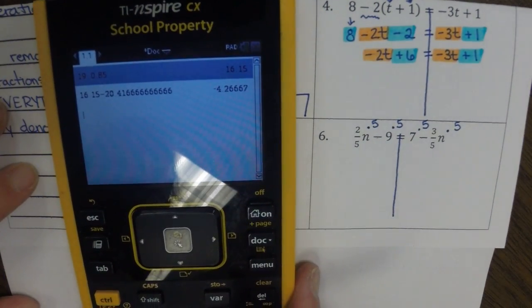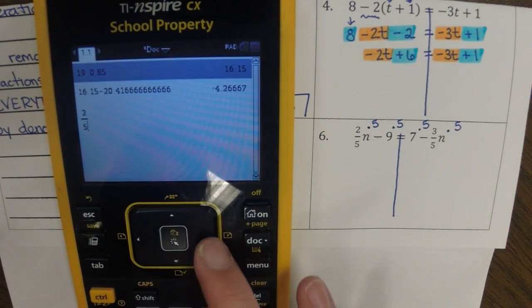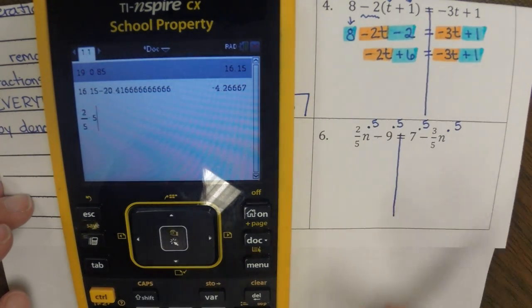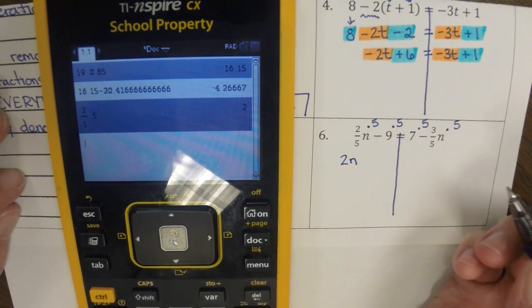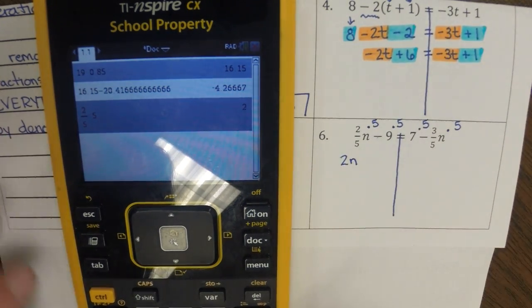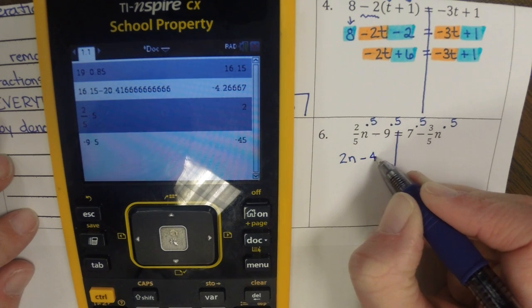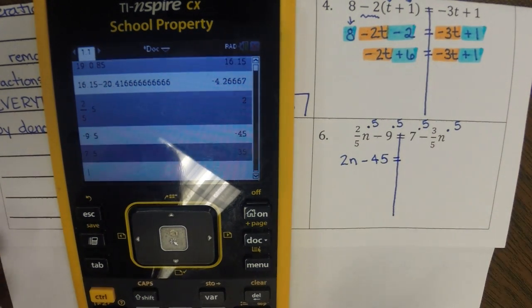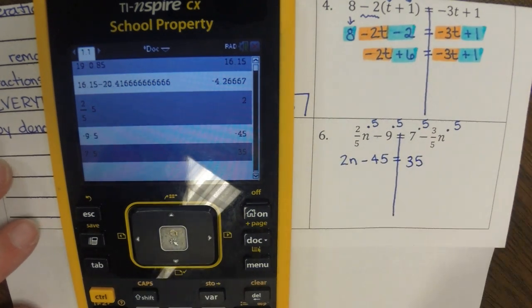So if I use a calculator, 2 over 5 times 5. That's that first one, right? I get 2n. Then this is -9 times 5. So I would have -45. Then 7 times 5 would be 35.